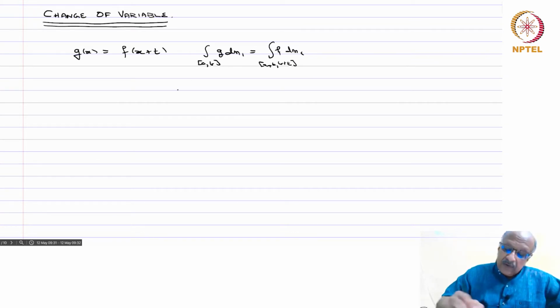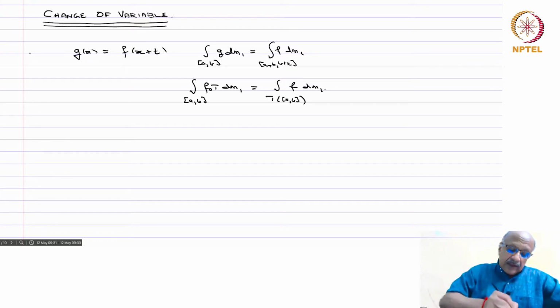Now this is the same as saying that the integral over (a, b) of f composed with t dm1 is equal to the integral over t of (a, b) of f dm1.